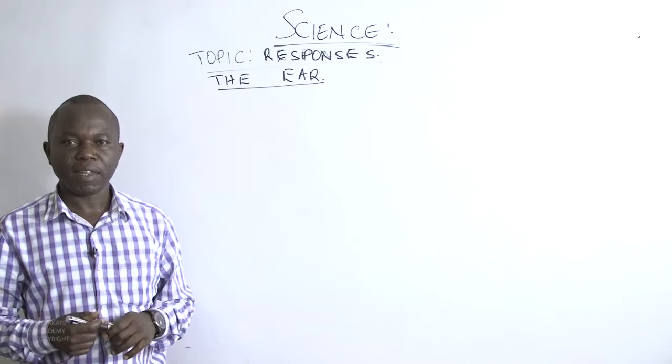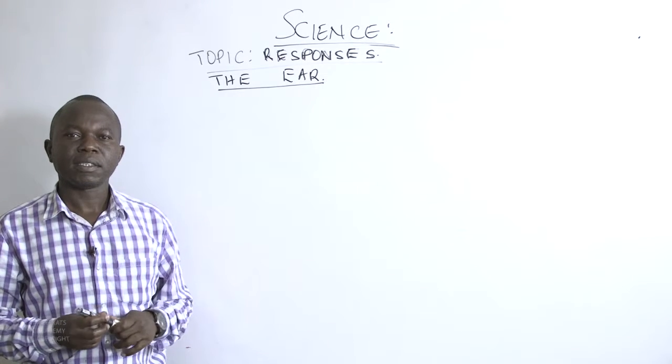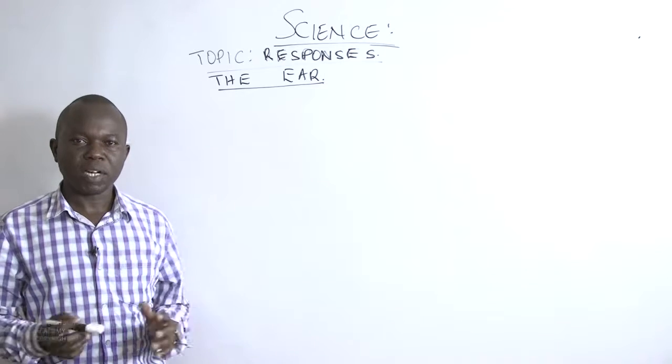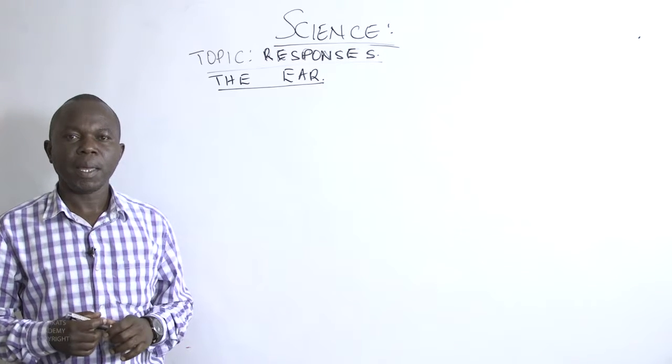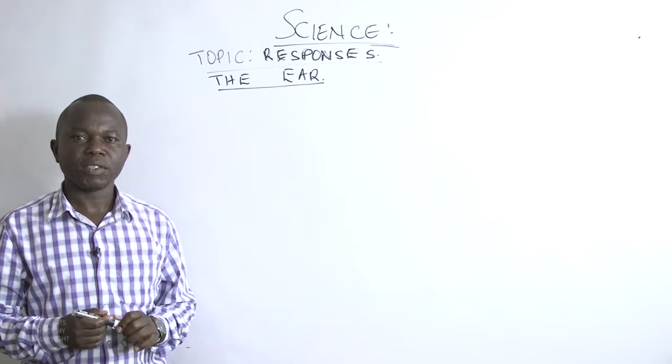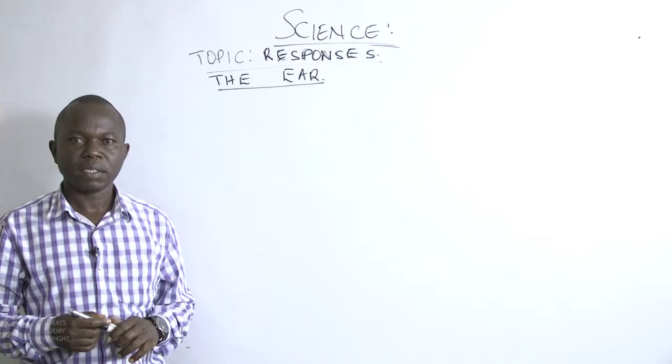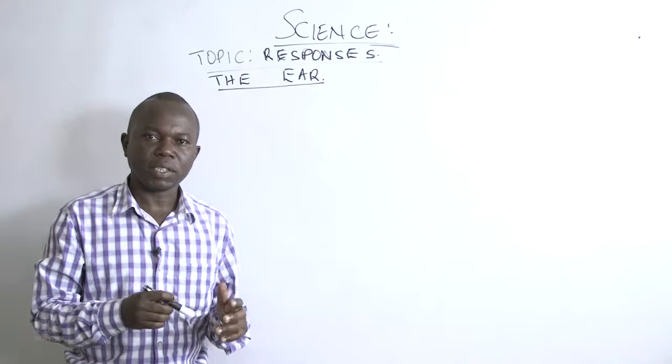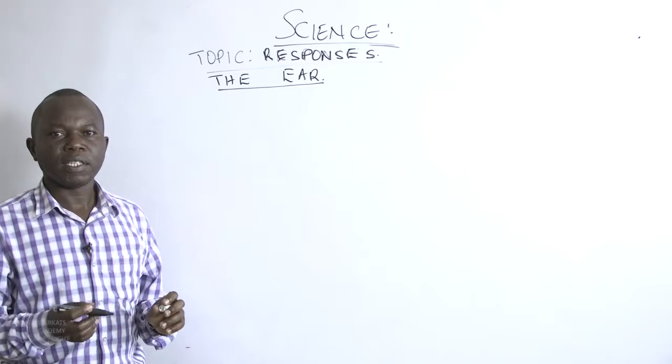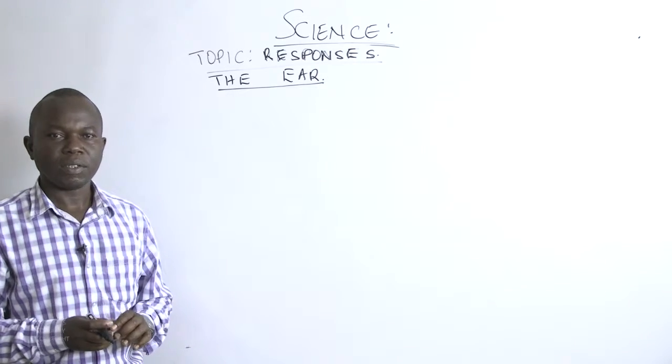And before we move further, we have said that these sense organs are usually made of sensory cells. These sensory cells are associated together so that they form a sensory organ.